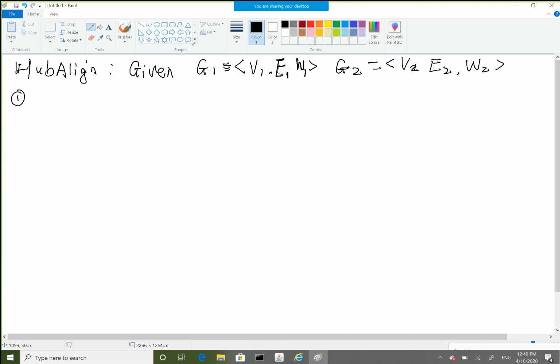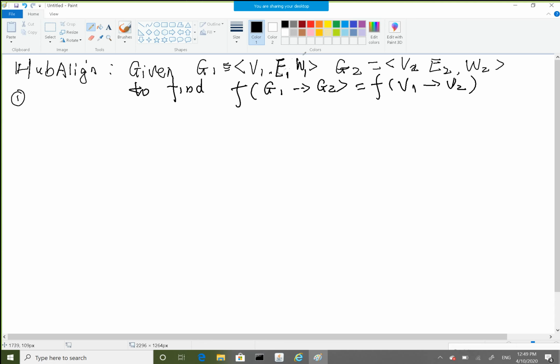Okay. Given two graphs, they want to find a function which maps G1 to G2, right? Actually, the author emphasizes it is F from V1 to V2, the best mapping.